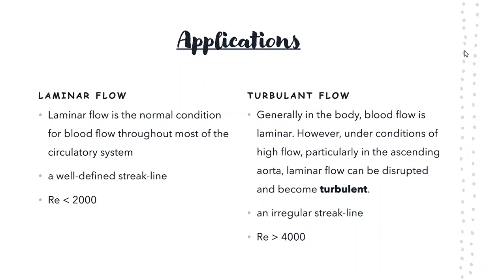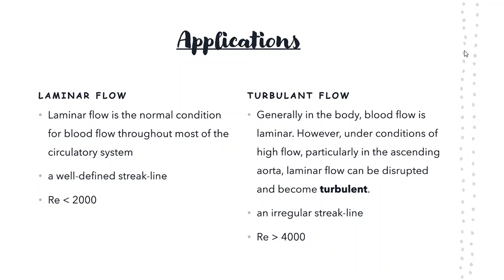We can say any fluid with a Reynolds number greater than 4,000 is turbulent in nature. And did you notice what happens to a Reynolds number greater than 2,000 and lesser than 4,000?